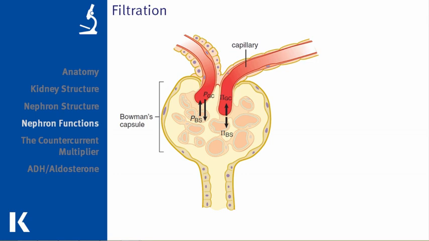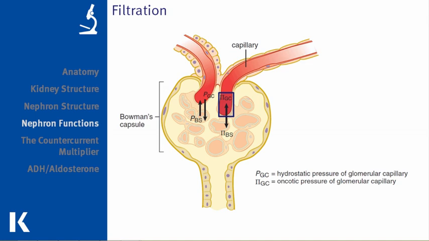You can see from this expanded diagram showing the Bowman's capsule and glomerulus that we have various opposing forces. We have the hydrostatic pressure of the glomerular capillary, which is opposed by the oncotic pressure, which, if you're not familiar with the term, is just a type of osmotic pressure based on protein concentration.